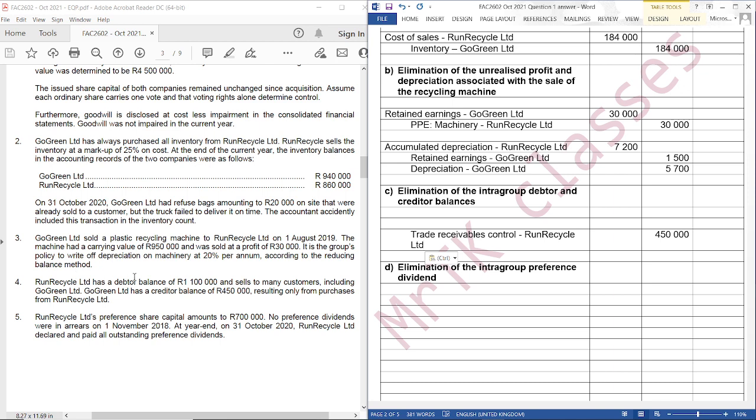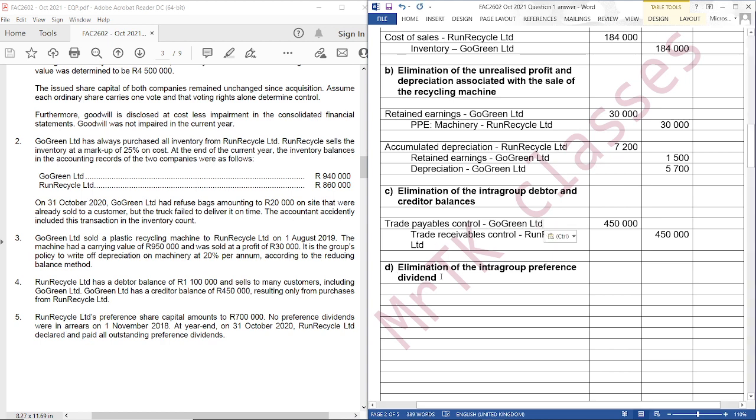Debtor balance Run Recycle Limited. Then creditor balance, this is a liability. So if we want to eliminate that, we are going to debit trade payables control. So trade payables control is also called creditors control, right? 450,000. And this is in the books of Go Green Limited. So let me just copy here, Go Green Limited, right?